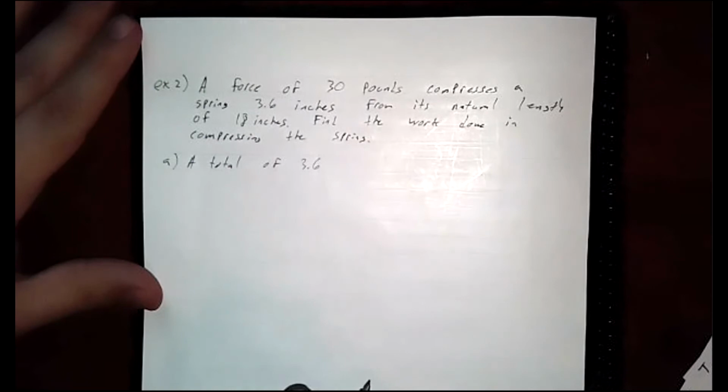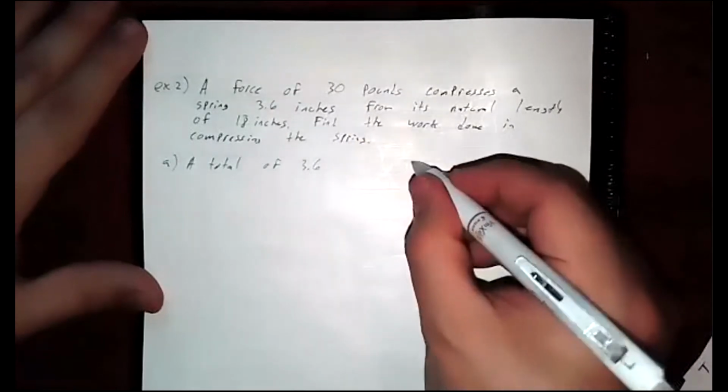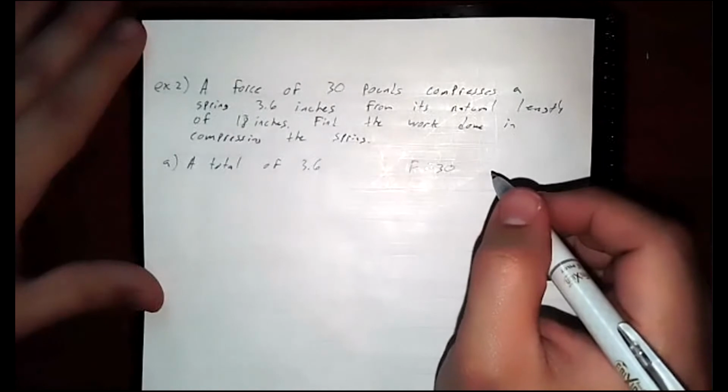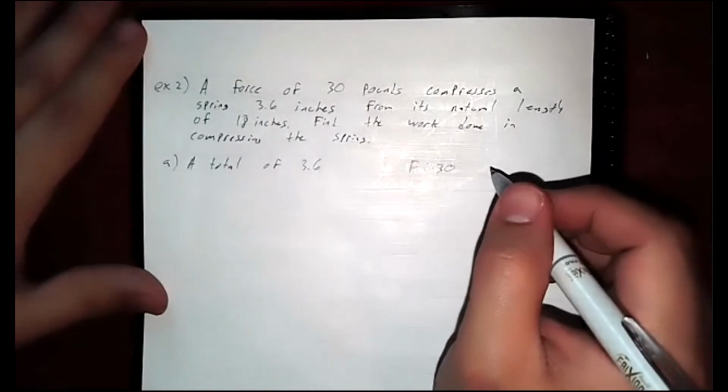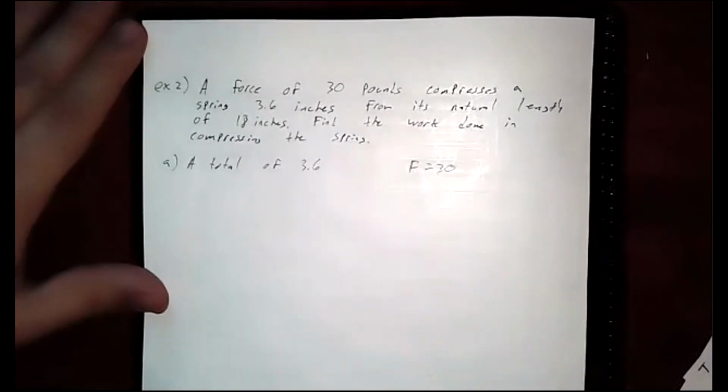So what are the unknowns? What is known? It said a force of 30 pounds, so we do have F technically. We don't know K, the spring constant. D, what is the distance?